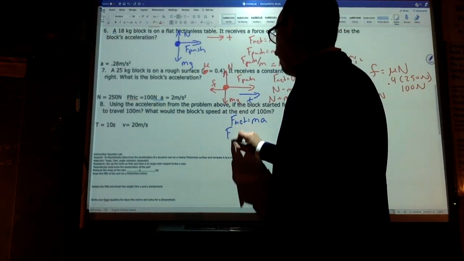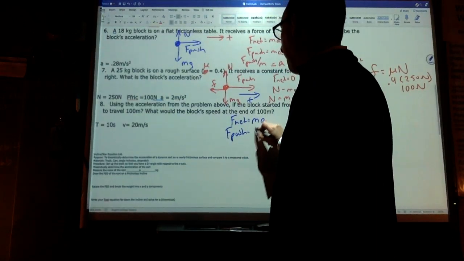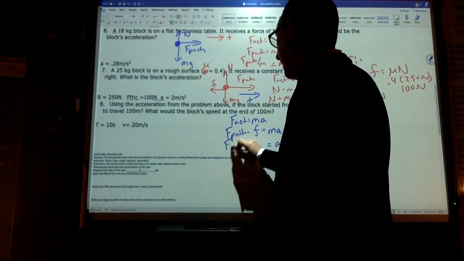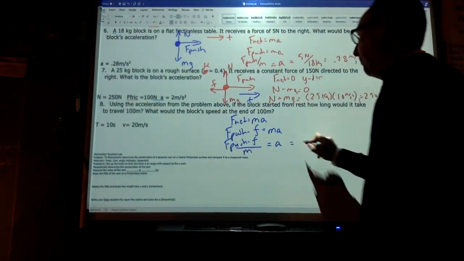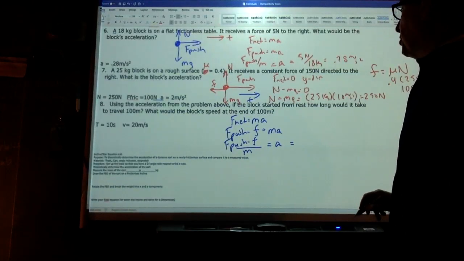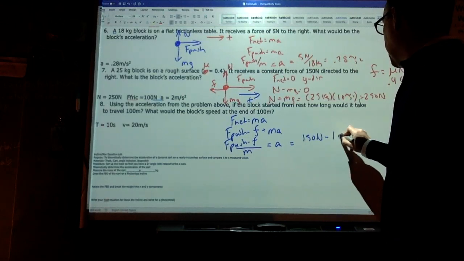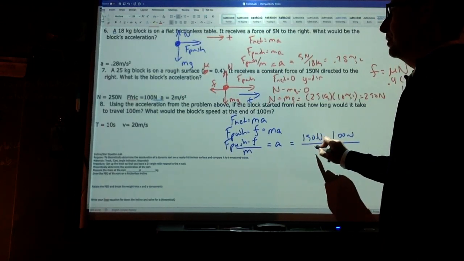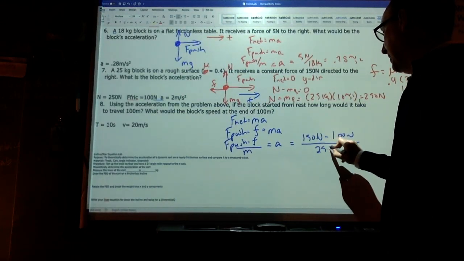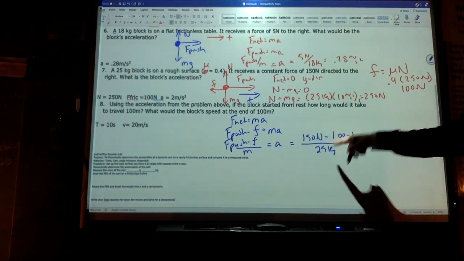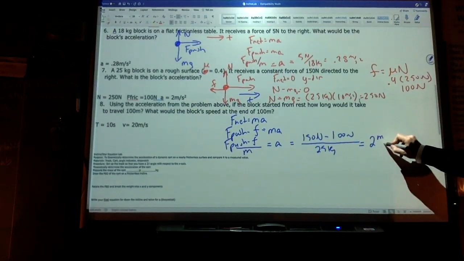So it's going to be F push minus friction is equal to ma, so a is F push minus friction over m. So my F push is 150. My friction was 100. My mass is 25. And so I have 50 divided by 25, which gives me 2.